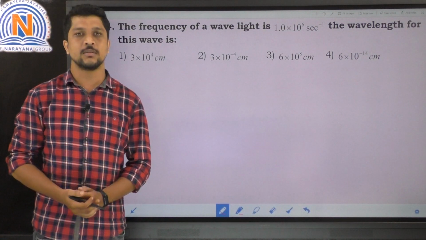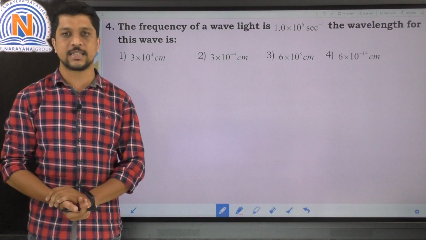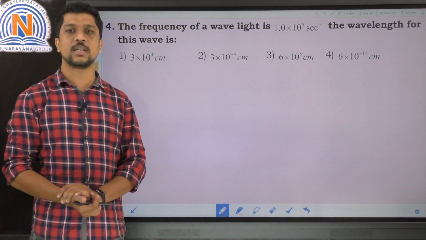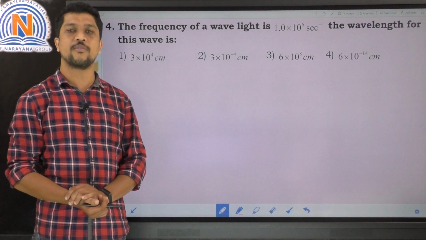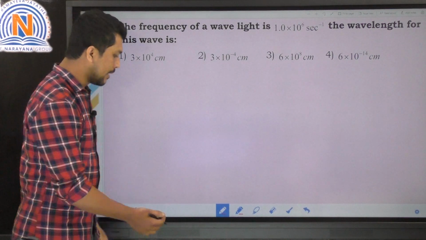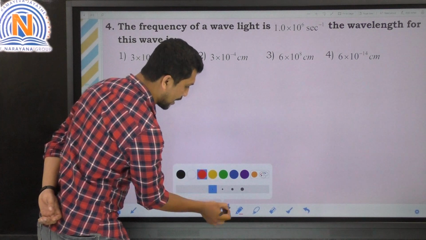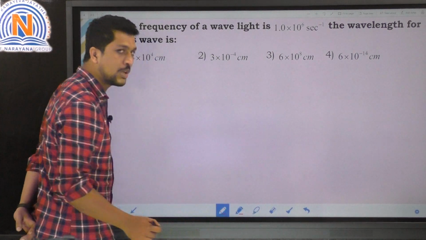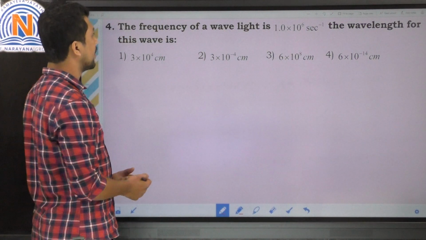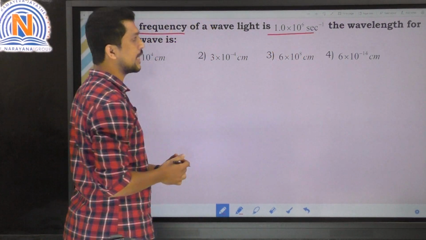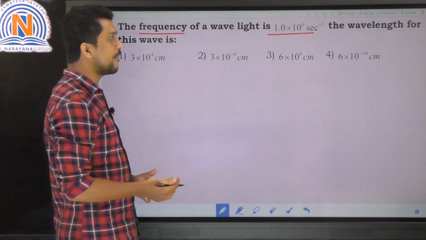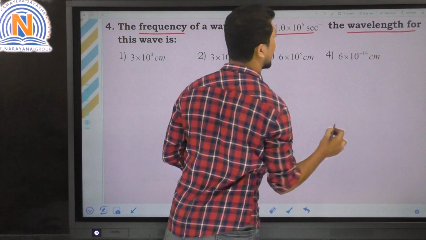Here the fourth question: the frequency of wave light is 1 into 10 power 6 second inverse. The wavelength for this wave is. They have given the frequency, and we need to find the wavelength, that is lambda.